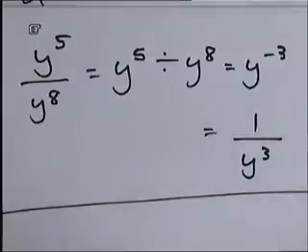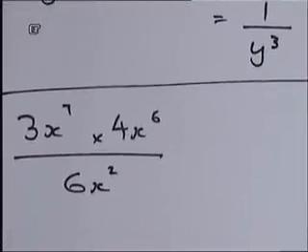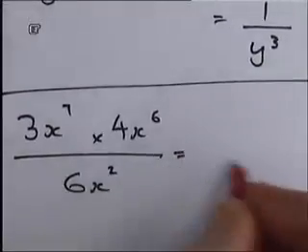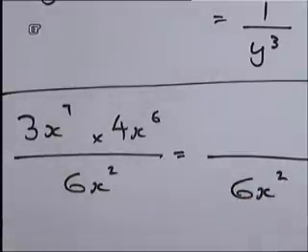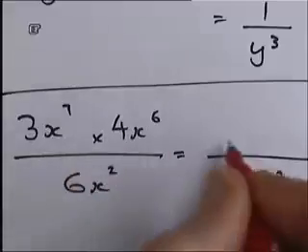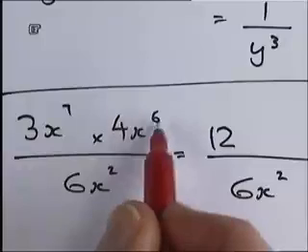If we look at just two more examples probably, 3x to the power of 7 times by 4x to the power of 6 over 6x squared. Make sure we can see that one. Let's deal with the top first and we'll leave the bottom alone. We'll deal with that one in a minute. 3 times by 4 is 12. X to the power of 7 times x to the power of 6.